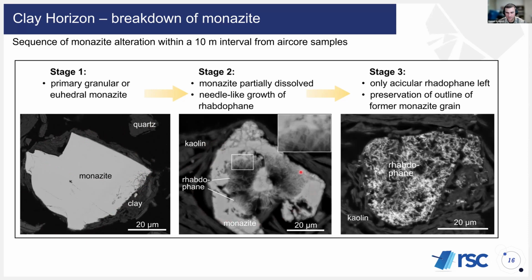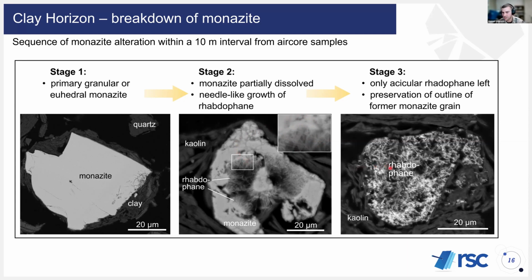And you see that the outline is still relatively preserved, but there's been a lot of dissolution going on here. And if you zoom a bit further in, you can see all this needle-like growth here. So that's characteristic of rhabdophane that's forming. So then this part here would be the secondary rare earth mineral phase, and that would be the relic primary one. So you see both rare earth deportments in one image here.